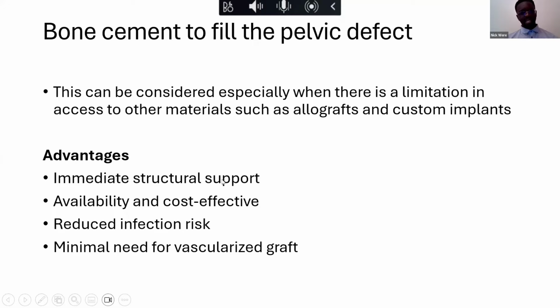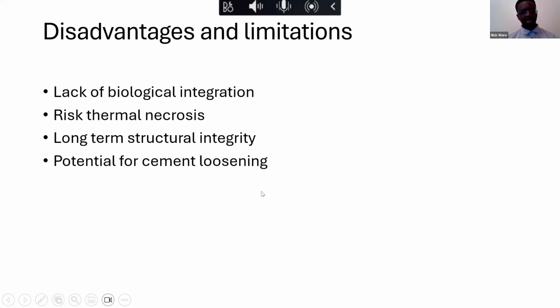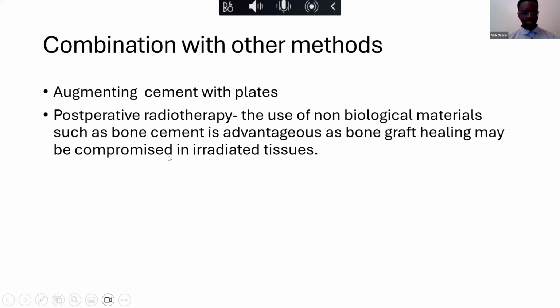Of course, the advantages are immediate structural support and ability to weight bear, availability, the reduced risk of infection because of antibiotic component, and minimal need for vascularized graft. Disadvantage would be this reduced biology and risk of thermal necrosis and long-term structural integrity, and potential for cement loosening.